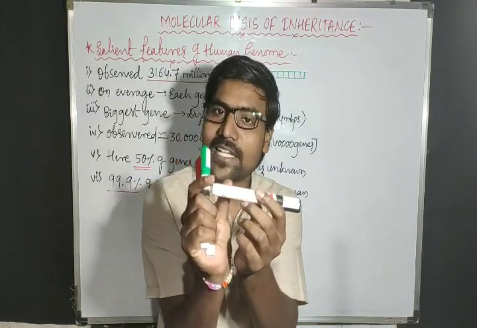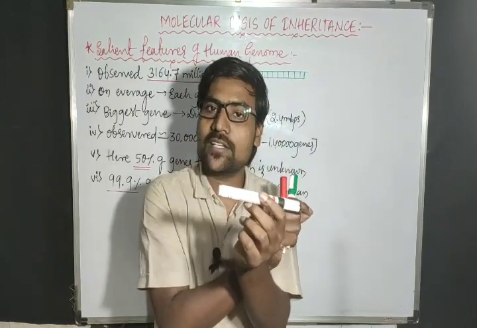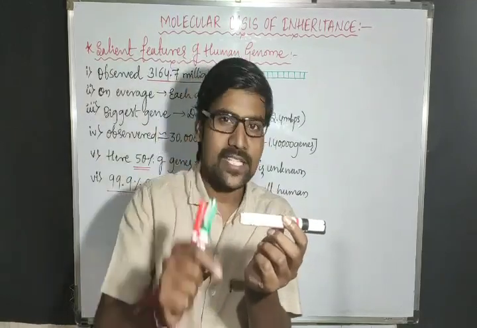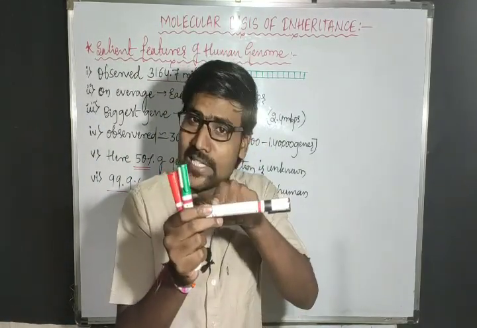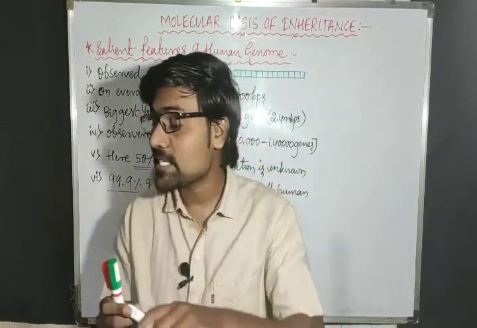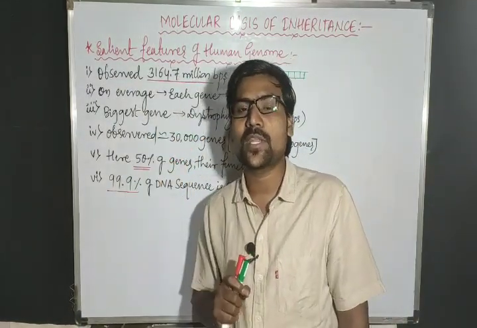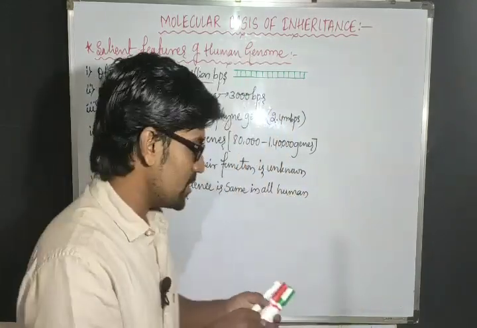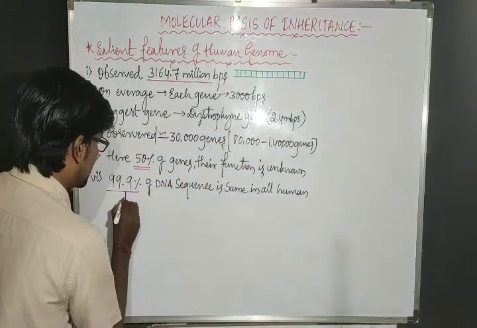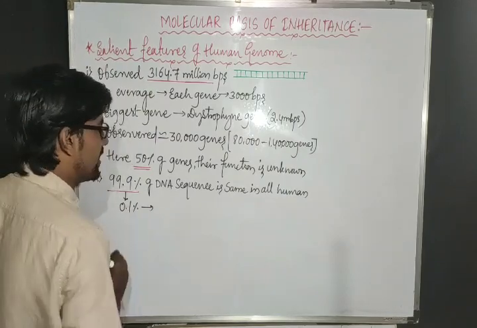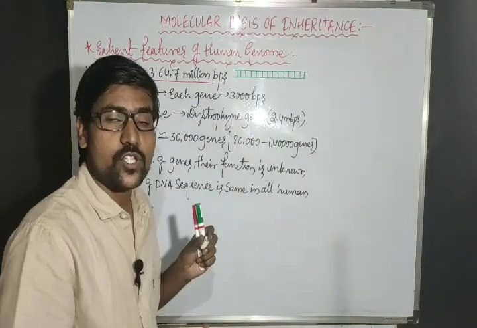Imagine this is the starting sequence, AAGTC. In another person's DNA, the starting sequence is the same. All the sequences are the same. To what extent? 99.9% of sequences are the same. That means the change is how much here? Just 0.1%. 0.1% of DNA is changing.